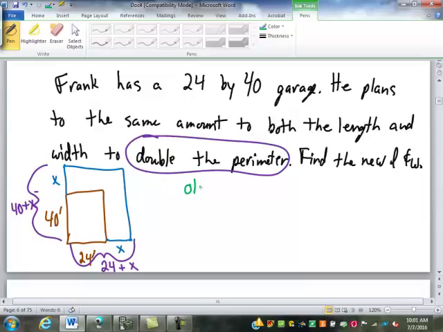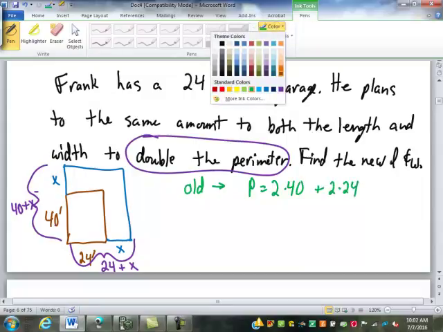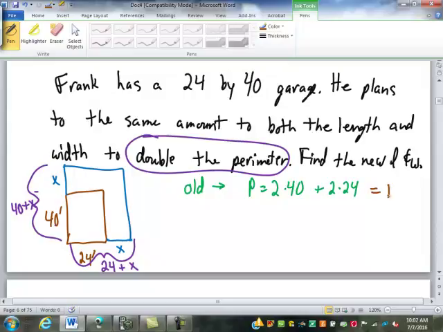The old perimeter is 2 times 40 plus 2 times 24, which if you figure that out will come up to 128. What does that tell us about the new perimeter? Yeah, 128 times 2, or 256.